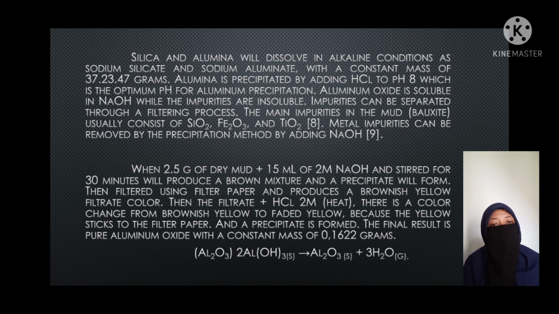The filtrate plus 2M HCl shows a color change from brownish yellow to faint yellow because the yellow sticks to the filter paper and a precipitate is formed. The final result is aluminum oxide with a mass of 0.1622 grams.